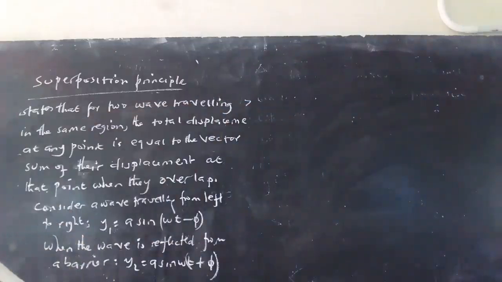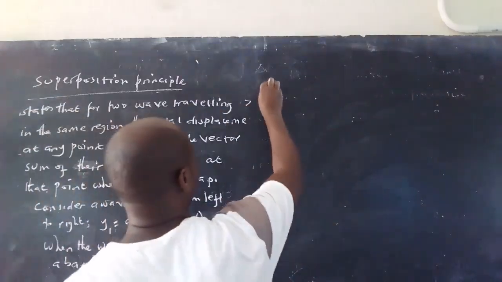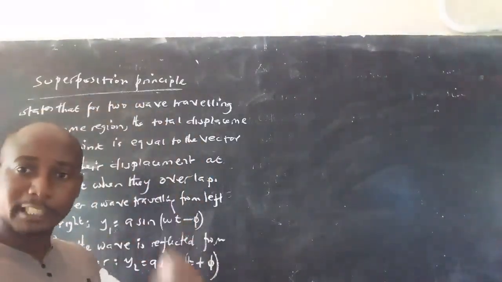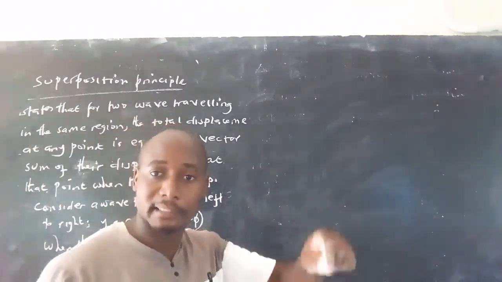According to the superposition principle, the total displacement at any point is equal to the vector sum of their displacements at that point.